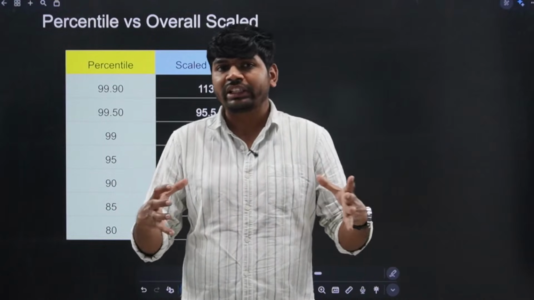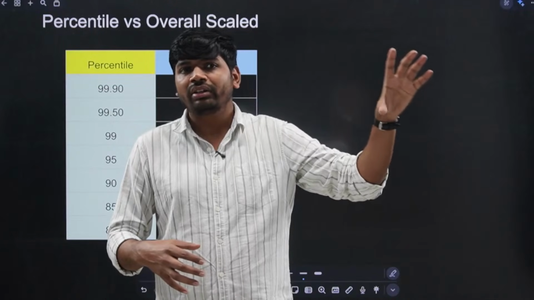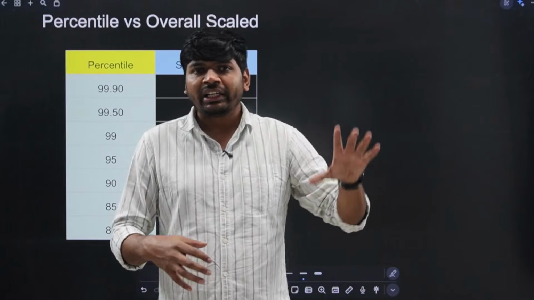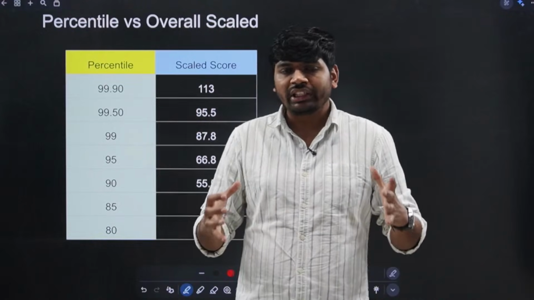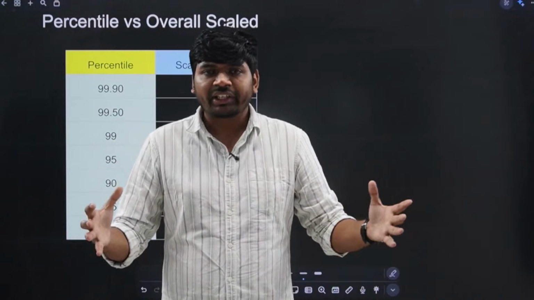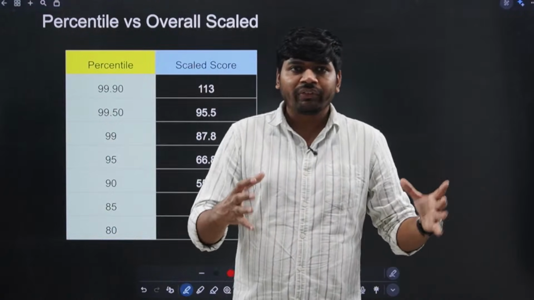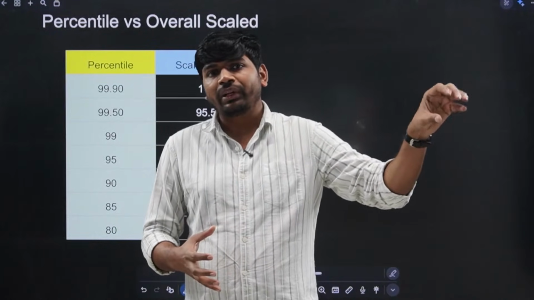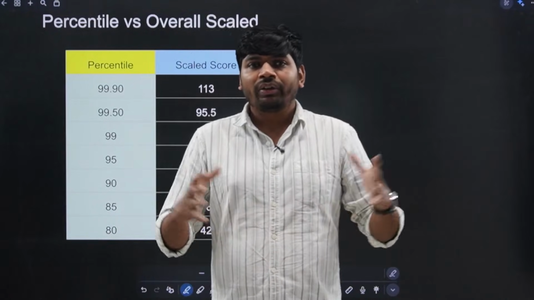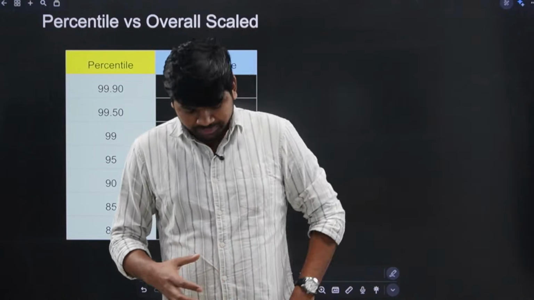So based on those factors, we created a raw score and scale score versus percentile mapping, and that is what it was showing you. Now the response sheet is out, and we have the actual data. On the basis of actual data, we have arrived at this scaled score and this percentile from the data we have obtained so far.